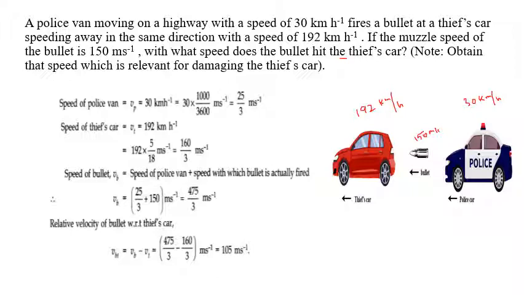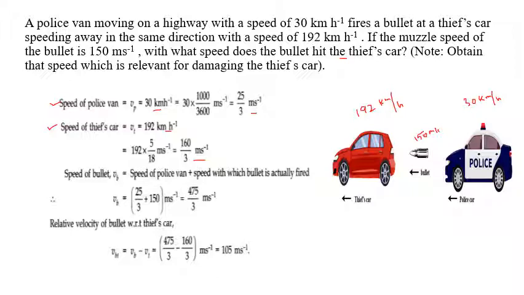Okay, so two things they have given, the speed of the police van and the speed of the thief's car. So we need to convert this kilometer per hour data into meter per second. Okay, we need to maintain the same unit, meter per second. So 25 by 3, 160 by 3. So these two are the speed of the police van and the speed of the thief's car.